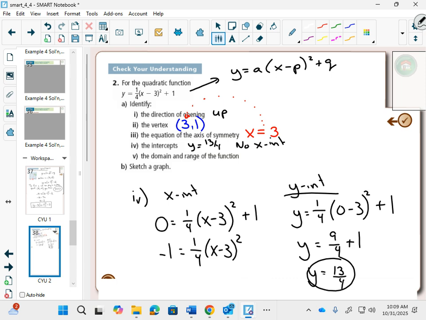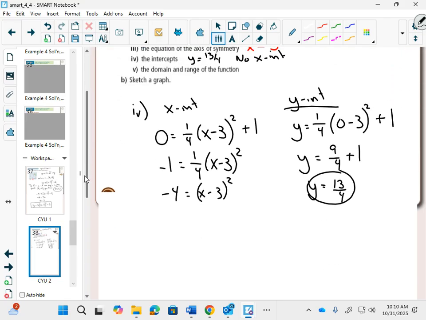I'd multiply by 4 to get the squared thing by itself. What's the problem when I try to square root? You can't square root a negative. Right, we do plus or minus. This is not possible. So we would see that the answer doesn't come true if we did it algebraically as well.